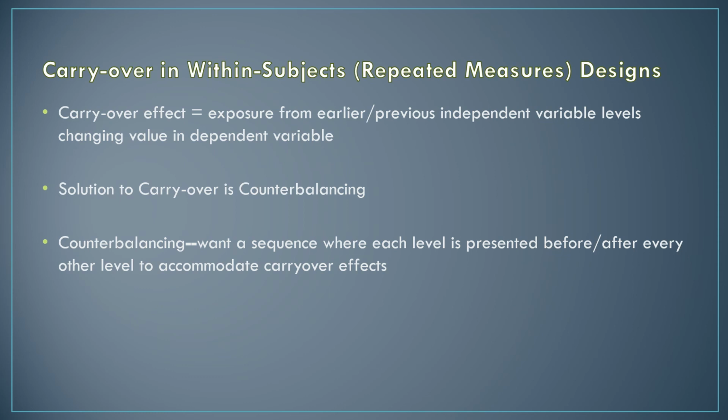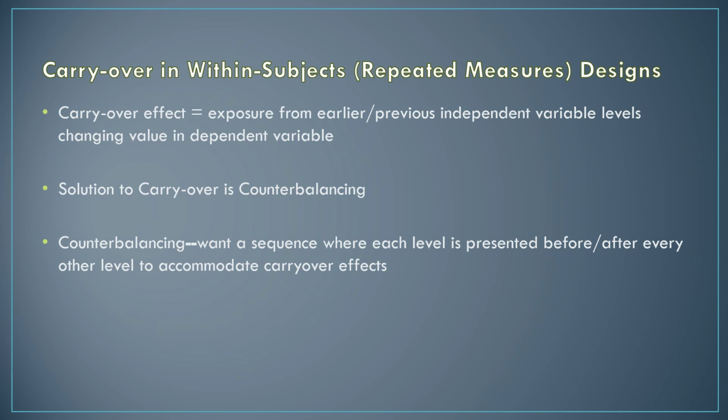So a solution to this carryover effect is counterbalancing. And so counterbalancing is really making sure that you understand the sequencing of the levels, why they're in that order, and making sure that they're in the best order so that you can minimize or accommodate for these carryover effects.